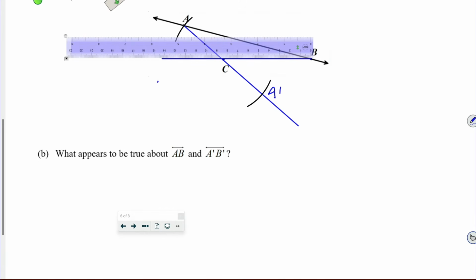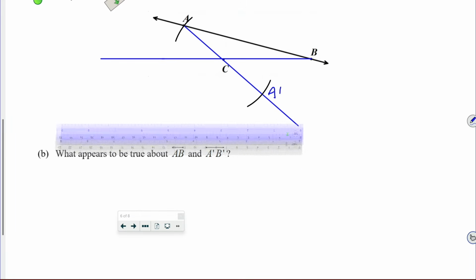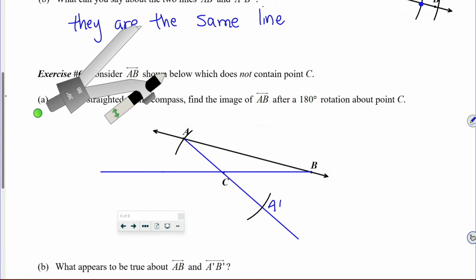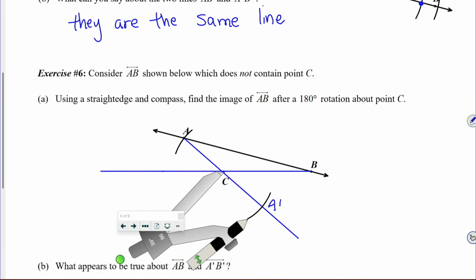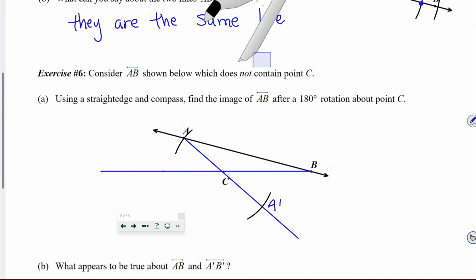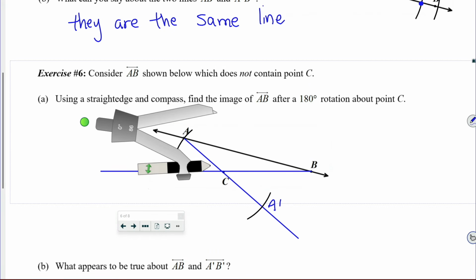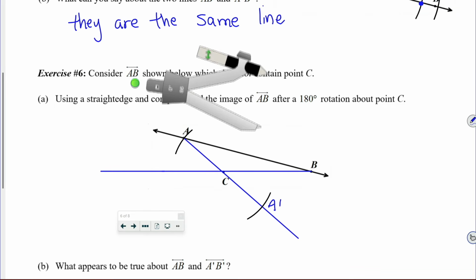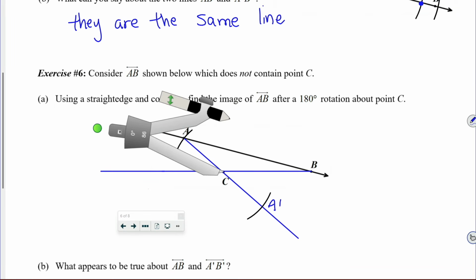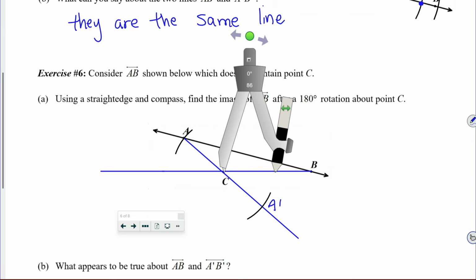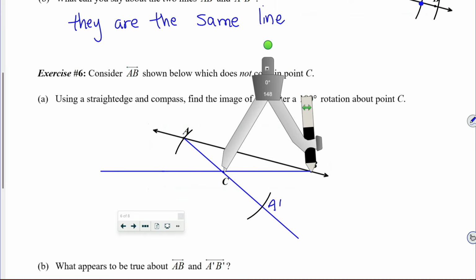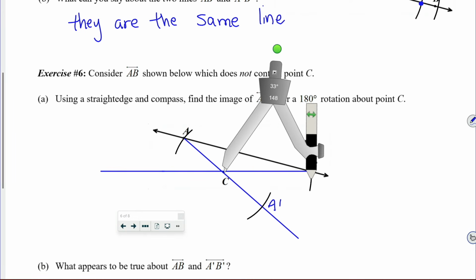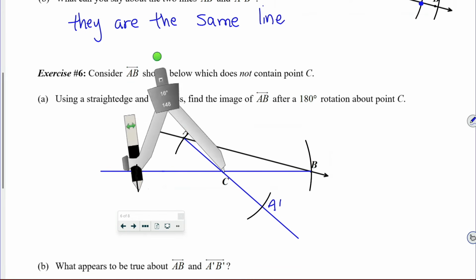I think I need to extend this a little bit. Now let's bring our compass back in. That was not the best shot there, but that's okay. There we go. Let's bring this out and yeah, that's good. And now just switcheroo.